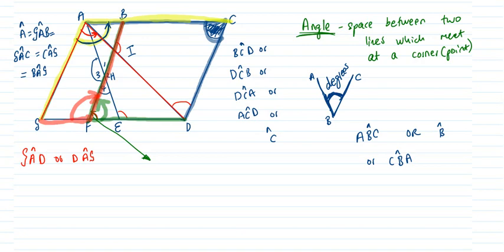And then if I were to name this one here, how would I name it? What would be the name of that angle? Can you please just post for me in the group there, in the chat? What is the name of this angle here?